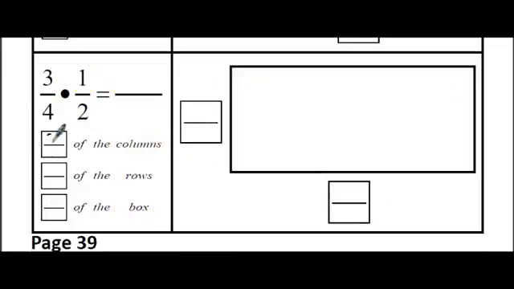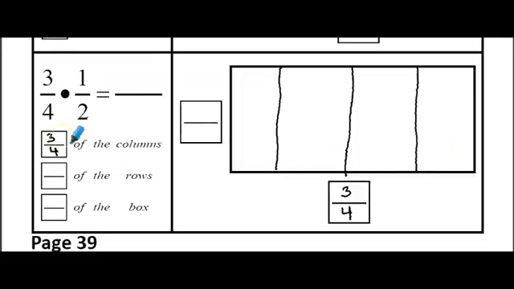Now I have 3/4 of 1/2, and it doesn't matter which one you put where, but if I wanted to do 3/4 of the columns, I would need to make 4 columns, and then I would have to color in 3 of those 4 columns. Then I would have to do 1/2 of the rows. So I need to decide which one's going to be the columns and which one's going to be the rows.